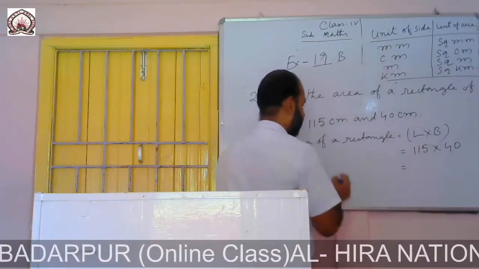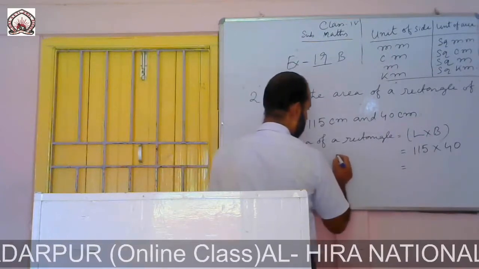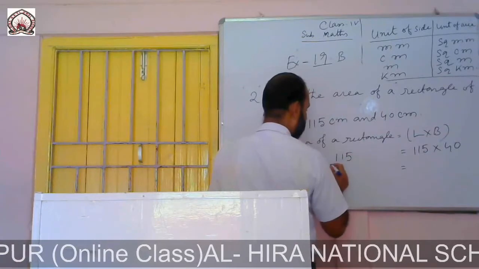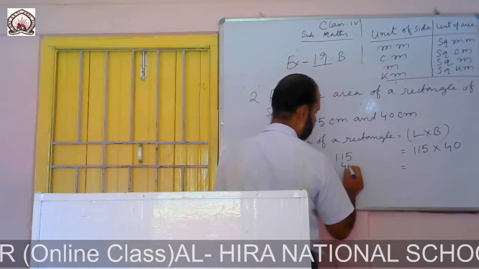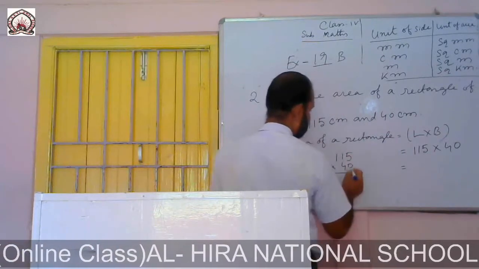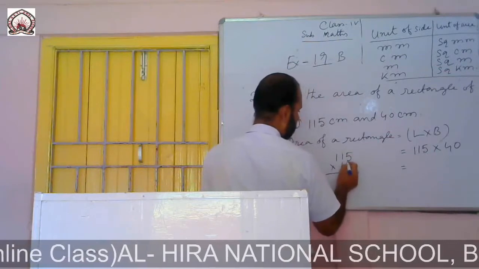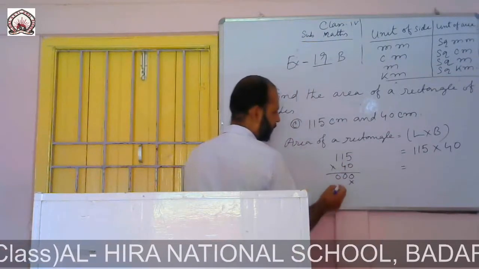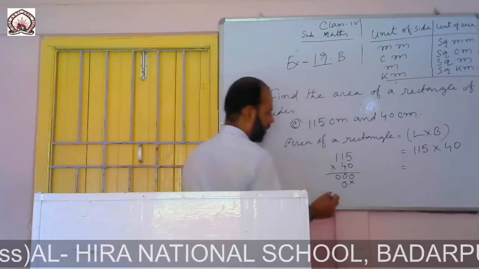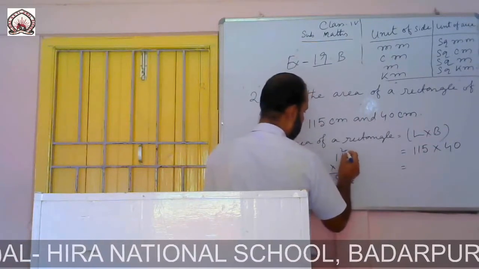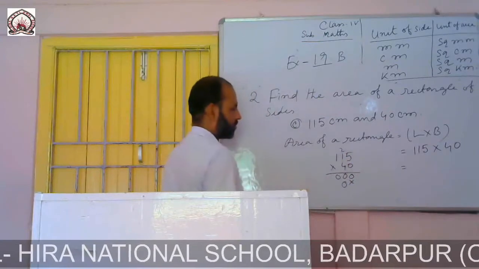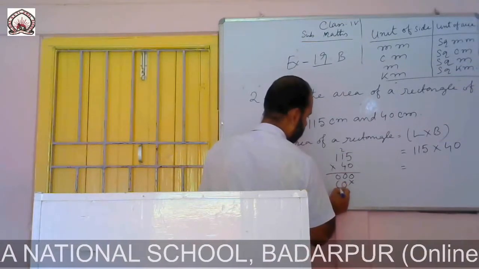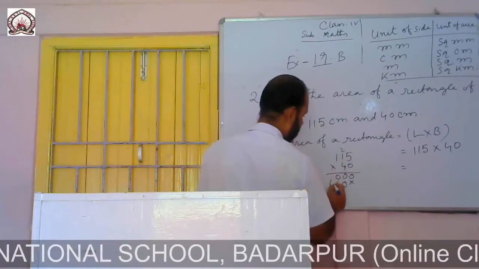So we multiply 115 into 40. 5 zeros are 0. Now 4 fives are 20, 20 is 0, 2 in my hand. 4 ones is 4 plus 2, 6. 4 ones is 4.